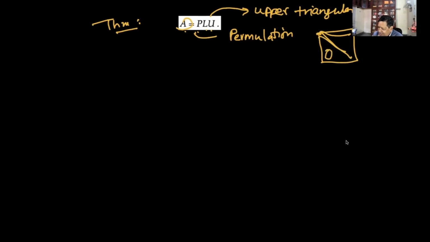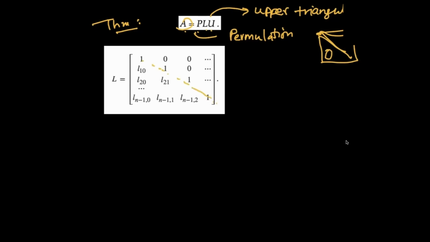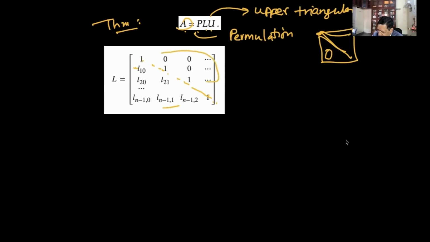L is a lower triangular matrix, with one difference: all the diagonals are ones, and all the entries above the diagonal are zeros. So this is a lower triangular matrix.